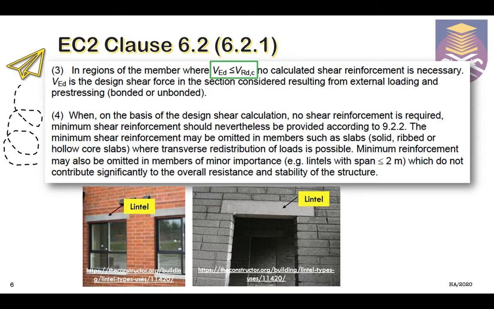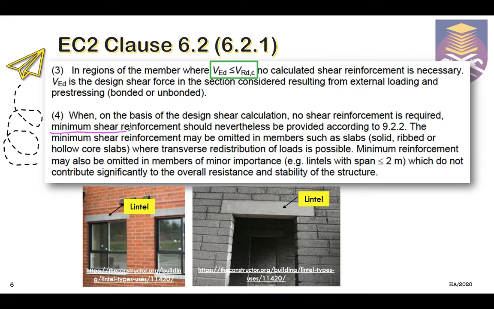If we read it up: in regions of the members where VEd is lesser or equal to VRd,c, therefore no calculated shear reinforcement is necessary, whereas VEd is the design shear force in the section considered resulting from external loading and prestressing, bonded or unbonded. When on the basis of a design shear calculation no shear reinforcement is required, minimum shear reinforcement should nevertheless be provided.